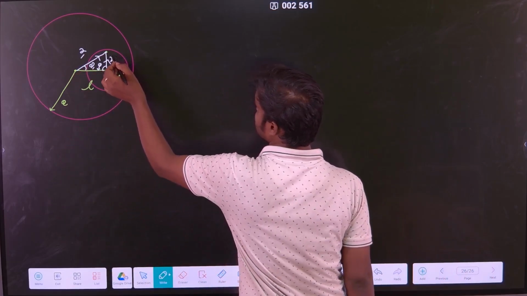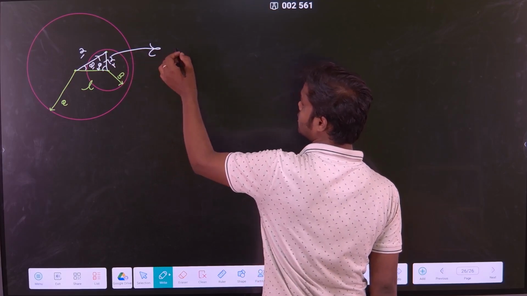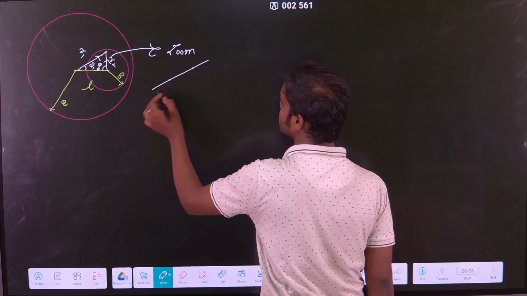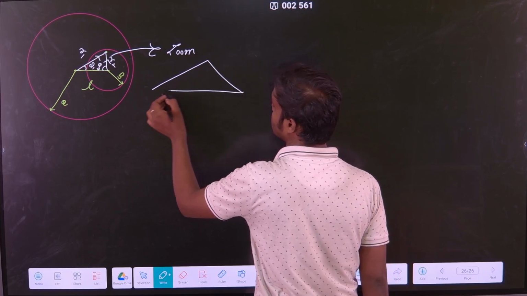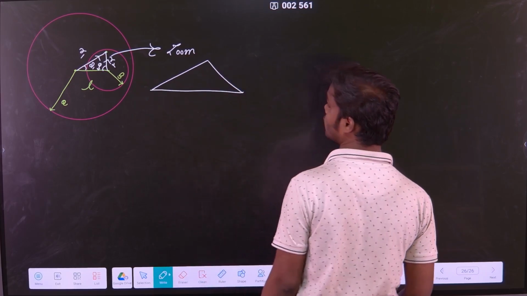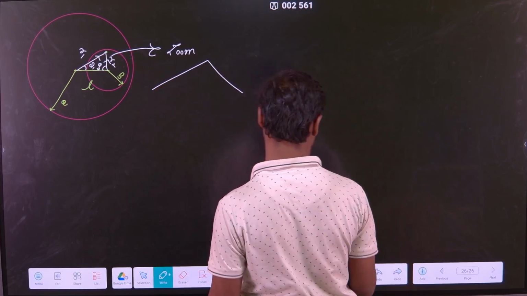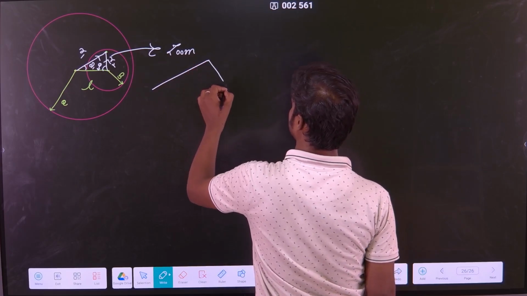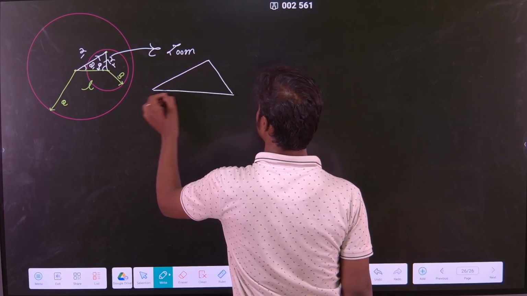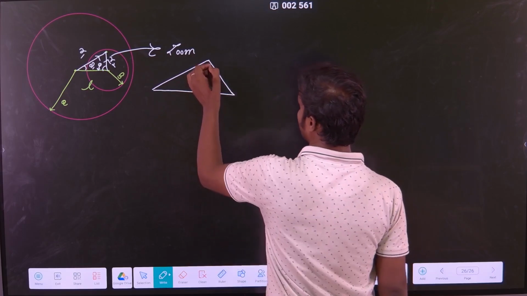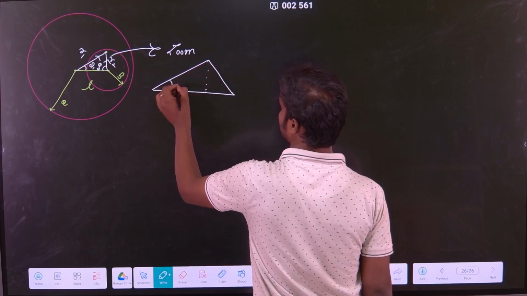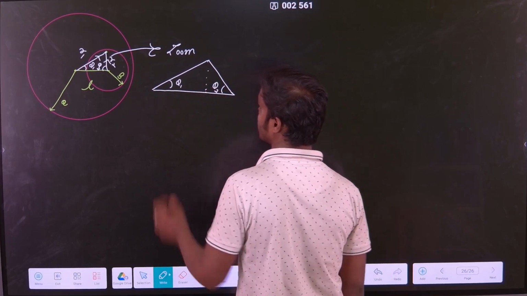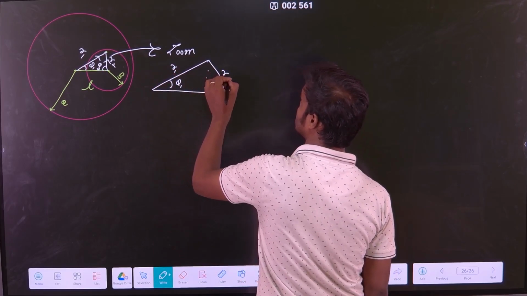If I bring this triangle outside and zoom in, it will be something like this. It is not drawn perfectly, but in reality one side is bigger than the other side. This is my theta 1, this is my theta 2, this is R1 and this is R2.